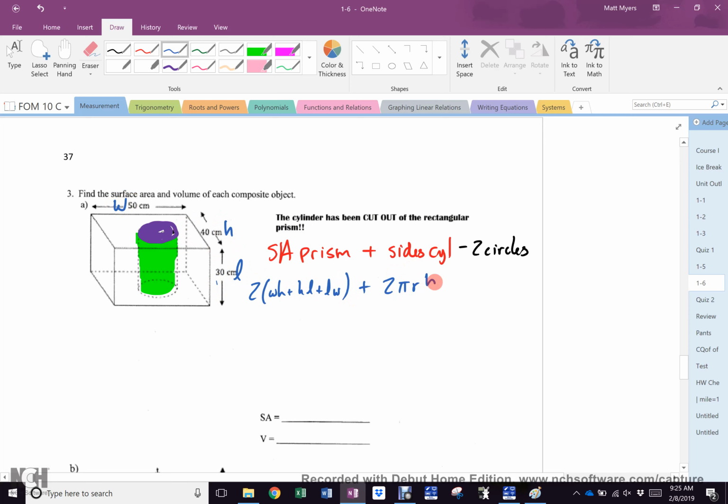2 pi r h. Do you know the r? Half of 15 is 7.5, right? 2 pi 7.5. And what's the h of this cylinder? 30. Minus 2 circles, 2 pi r squared, which is 7.5 squared.